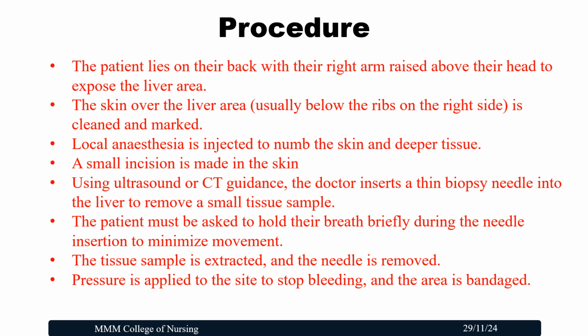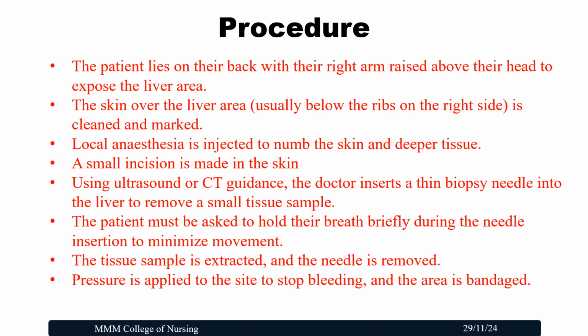Procedure. The patient lies on their back with their right arm raised above their head to expose the liver area. The skin over the liver area, usually below the ribs on the right side, is cleaned and marked, and local anesthesia is injected to numb the skin and deeper tissues, and a small incision is made in the skin.